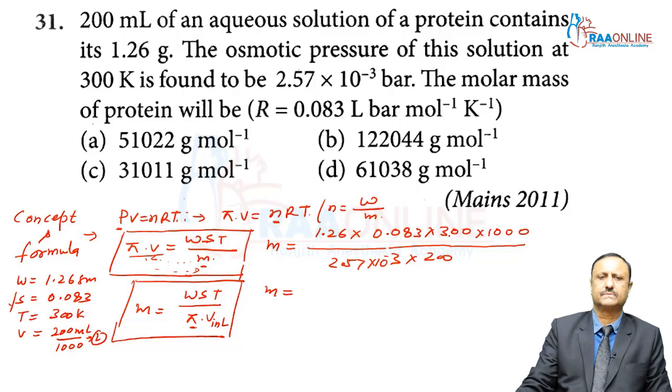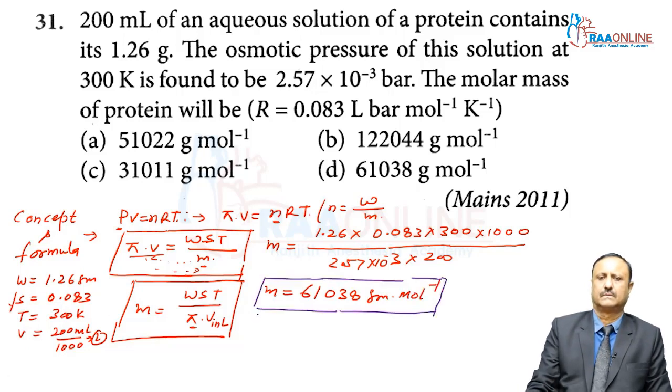Into 1000, because 1000 is coming up above, 2.57 times 3 into 0.2. Then you can calculate that this is 61038. This is gram mole inverse, and you can get the answer. So, my dear friends, the answer is D. Option D is the correct option for this question.